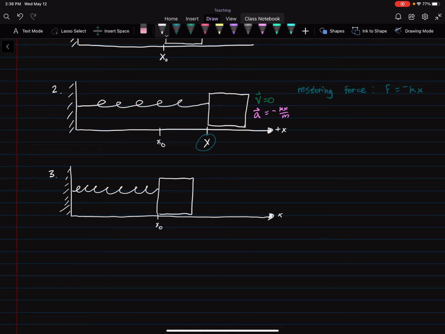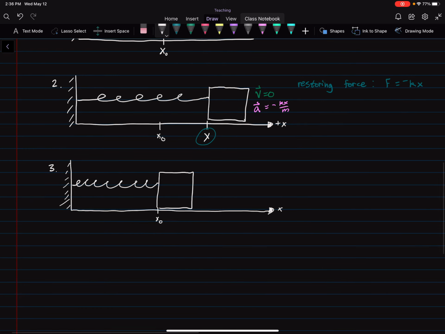But if we were to take a snapshot right when it was at x naught, its original position, it has some velocity in this direction, and that's going to be maximum velocity right when it passes, because as soon as it crosses that point and heads more in that direction, now the acceleration will begin to be in that direction, pushing it back, and so it's going to begin slowing it down.